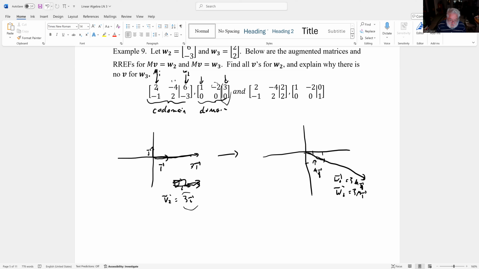So W2 equals M times 3I. Good. But what we also know from this is that V2 is minus 2 V1. Let me stop for a second again and check my notes. Okay.